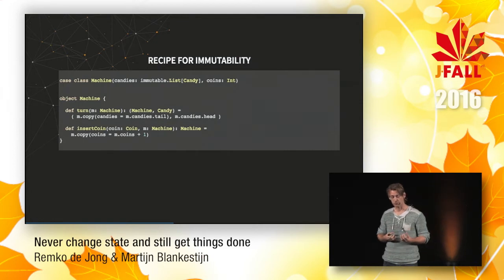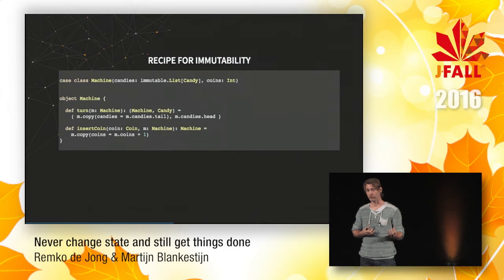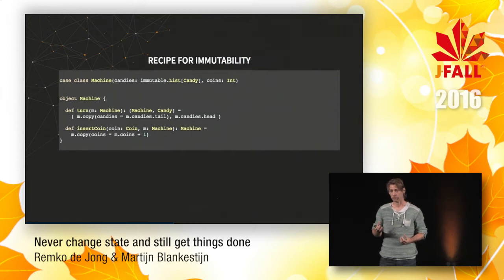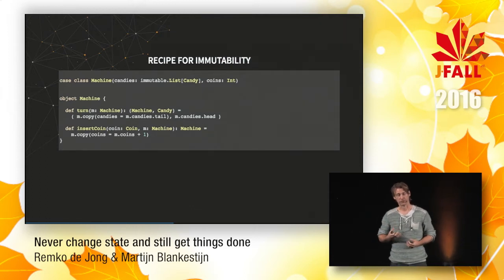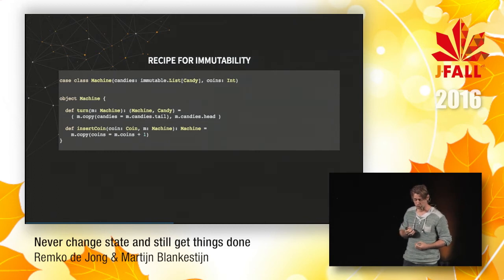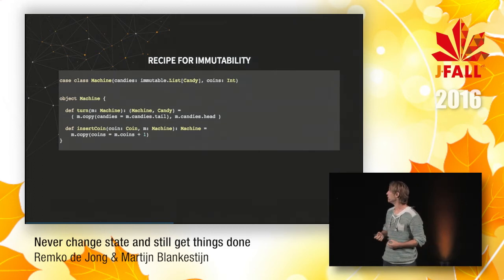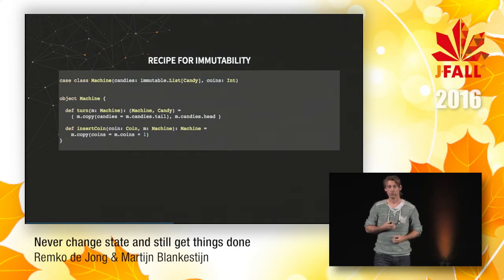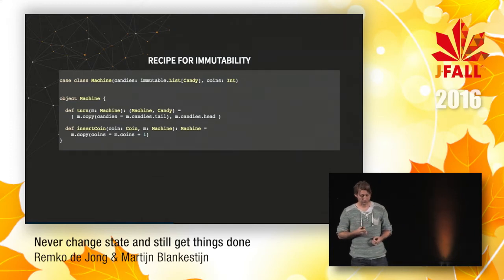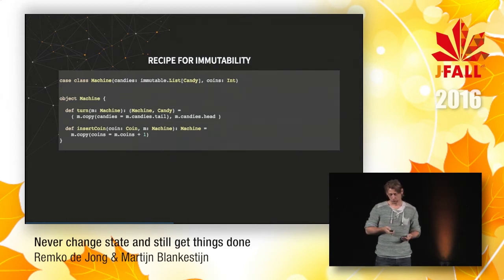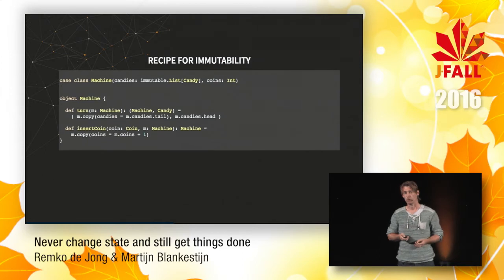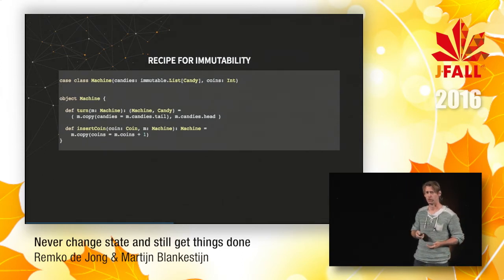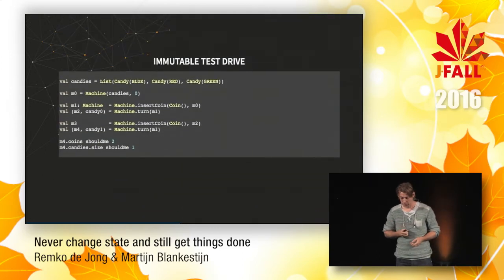You can see the machine types are both the same, but one instance is the old state, and the return value represents the new state of the machine. Here you can also see that we're using the copy method. That is something we get for free by using a case class. This should be a fairly simple thing to do. It's almost a mechanical refactoring you can apply.